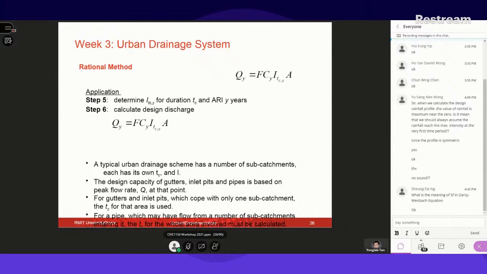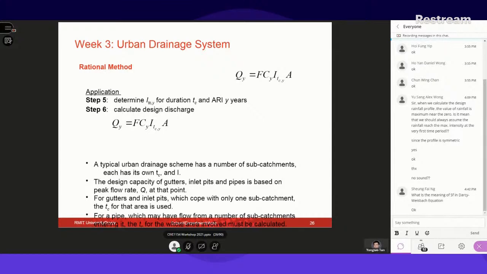So for the gutter and the inlet pit, if we only have one subcatchment, the TC for that area is used. For the pipe, which may have flow from a number of subcatchments, for example, this pipe will have the flow from two different subcatchments, the time of concentration of the whole area involved must be calculated.